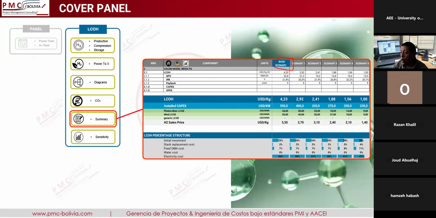So we can compare each one with the other scenarios and see what's happening, how many input variables we have changed. So what's happening if we change this input or that one? We can compare and understand what's happening, and it is very useful to take a decision on the viability of the hydrogen project.